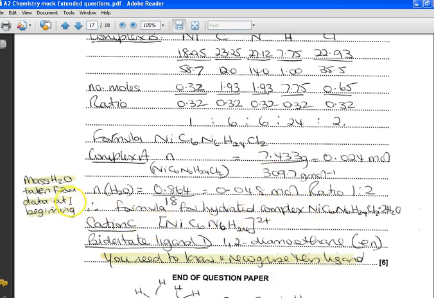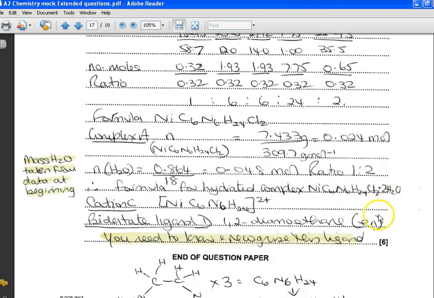The ratio is 1 to 2, because we've got this many moles of complex A and this many moles of water. So your formula for your hydrated complex will be dot 2H2O.